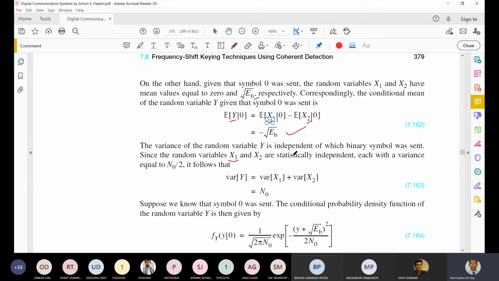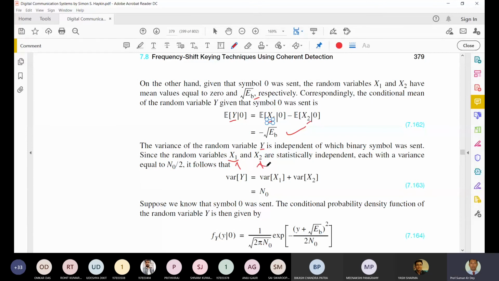So we can take the variance of Y by adding the variances of these two values. And what is the variance for x1 and x2?